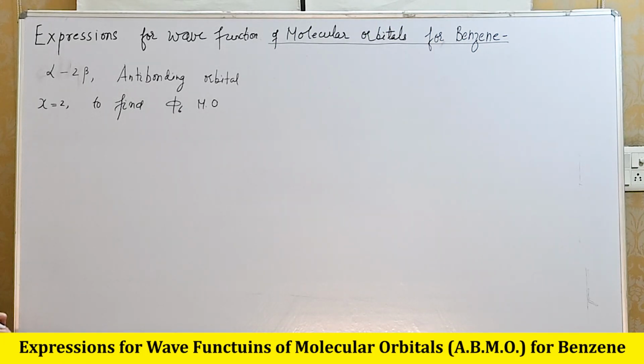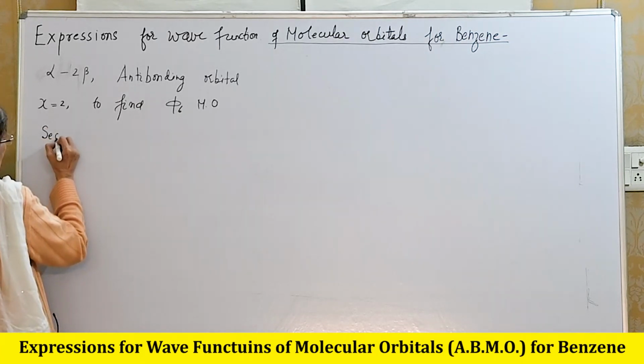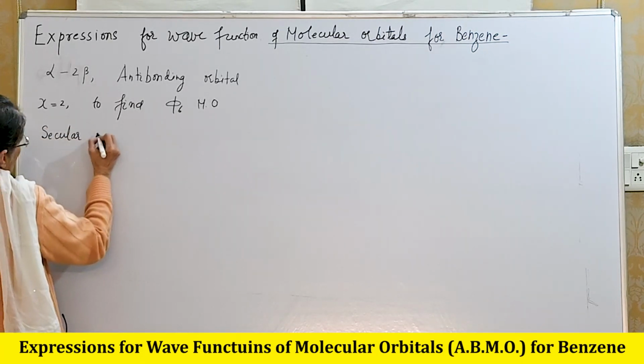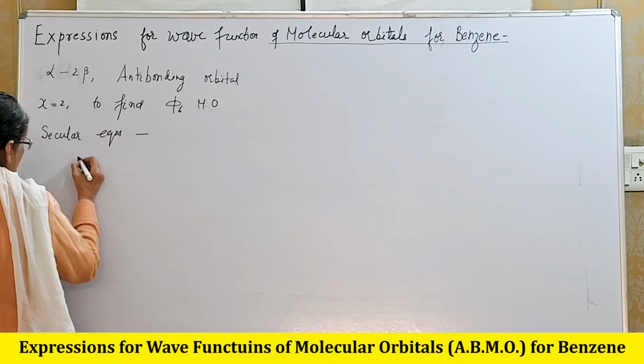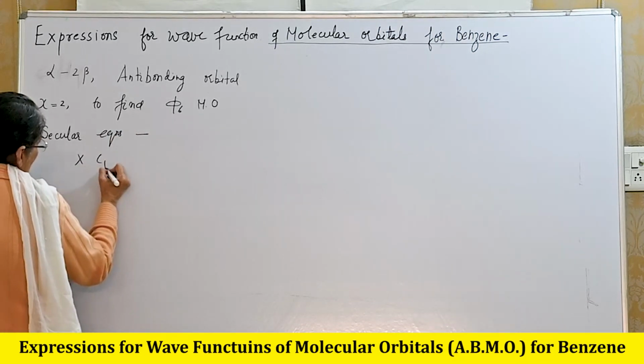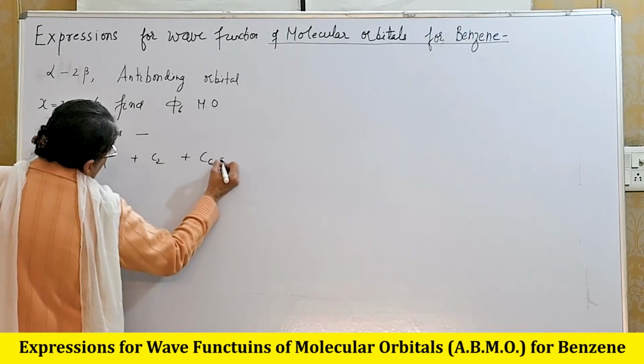So for this again we write the secular equations, and these secular equations are as earlier: x C1 plus C2 plus C6 equals 0, this is equation 1.